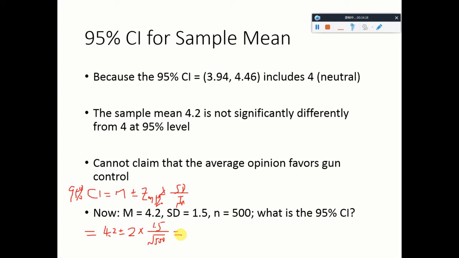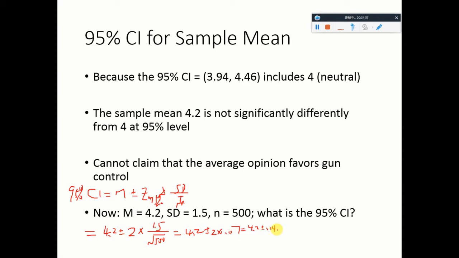According to my calculation, the standard error is about 0.067, but to round it up, it will be 0.07. So this equals 4.2 plus or minus 2 times 0.07, which is 0.14.